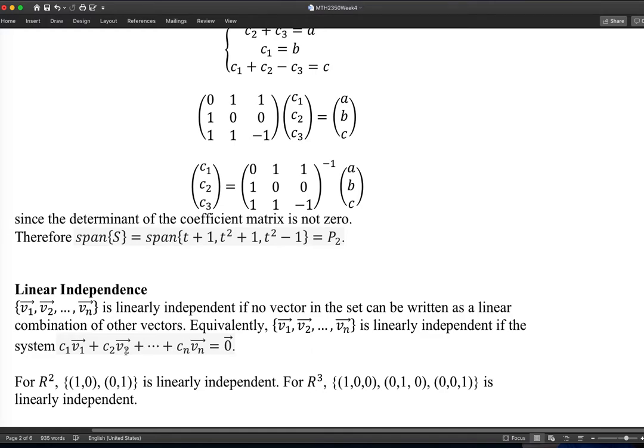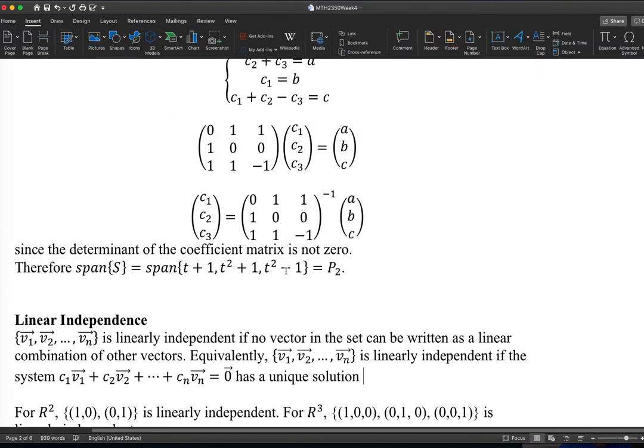If the system has a unique solution, actually I think I did not write down this completely. The unique solution really means all the constants equal to zero.